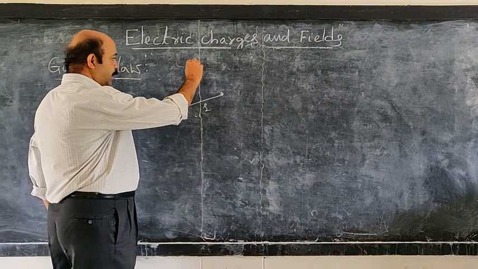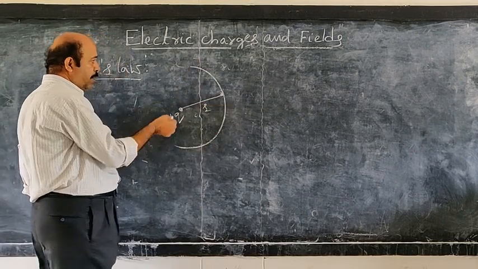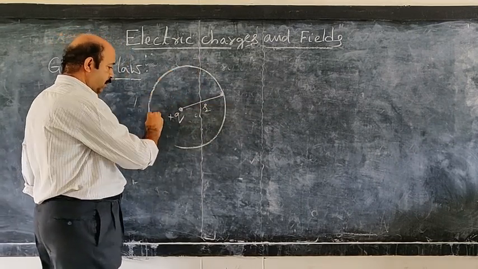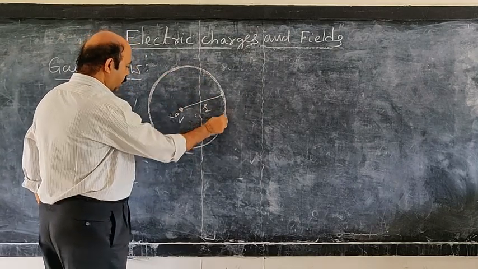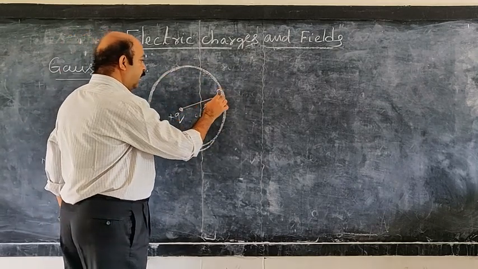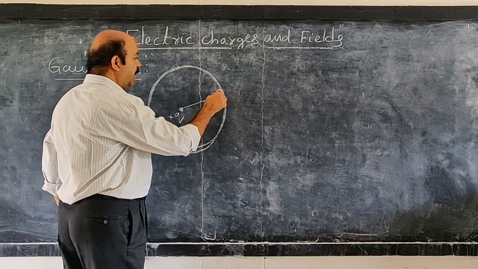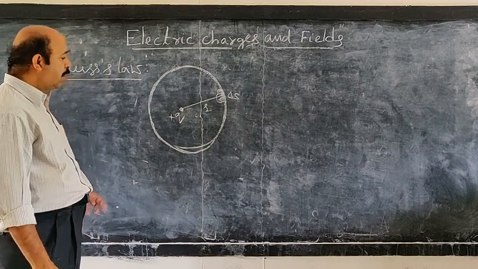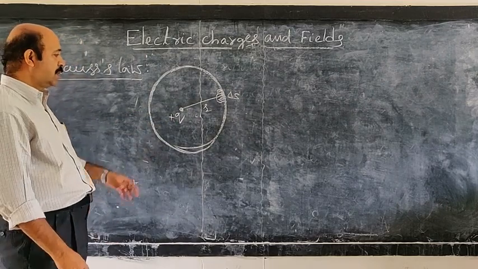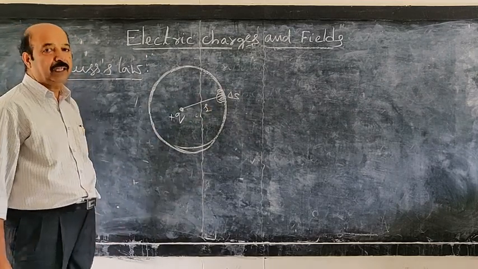Consider a sphere around this point charge with R as radius. Now I select a small area element here, let us suppose some delta S. I want to find out the flux coming through this elemental area.